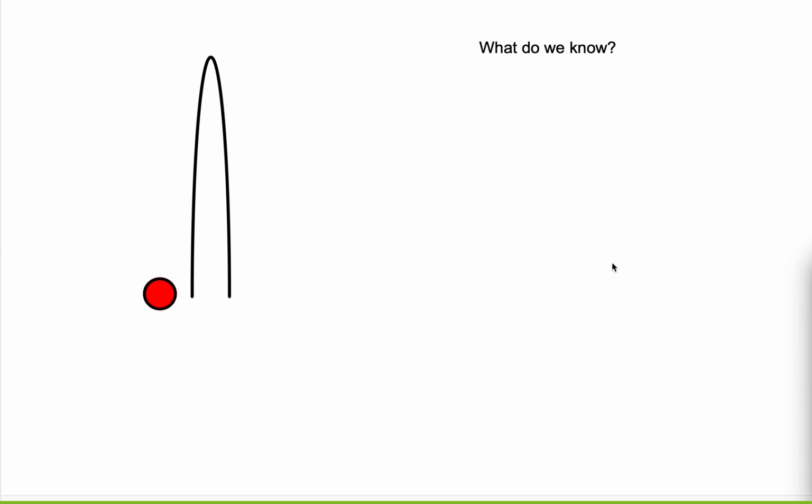Nobody? Here, I'll throw out one thing. Okay? So I'll write down one thing. We know the acceleration. We know that's 9.8 meters per second squared.